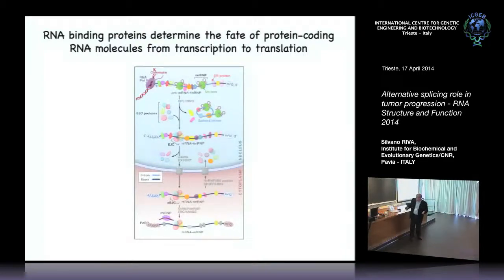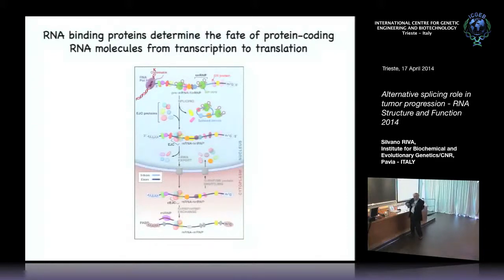You remember this exon junction complex that remains bound to the junction site between two exons. So the mature mRNA is exported, it goes to the cytoplasm, is translated, and so on.